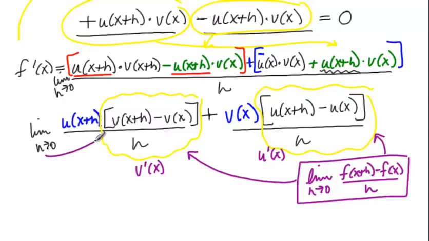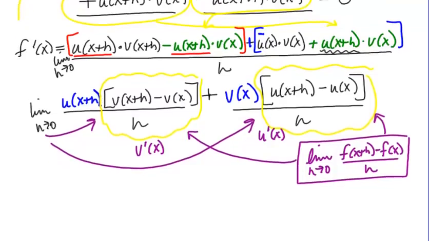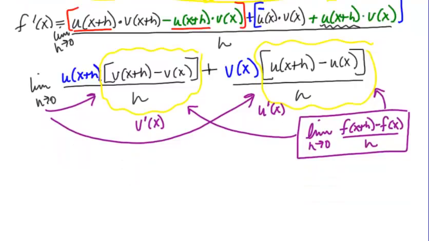So we need to apply the limit to this part and to this part. And according to the laws of limits, that is completely legal to do. But you have to remember that when you go back to your original problem, we have not applied the limit as h approaches 0 to this or to this. So we still need to apply the limit as h goes to 0 to our u of x plus h. We've already applied it to this part we've highlighted because that fits our definition of derivative.